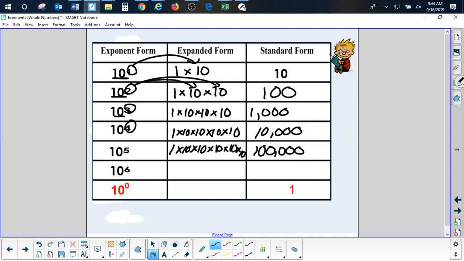And we'll get into 10 to the power of 6. The base is 10, the exponent 6. So I'm going to try and write small, but I'm going to need 6 10s. 10 times 10 times 10 times 10 times 10 times 10. That's the expanded form. And the standard form is 1 million.